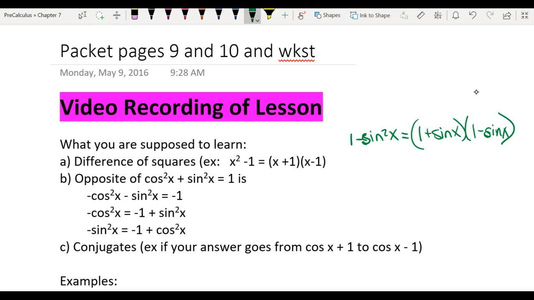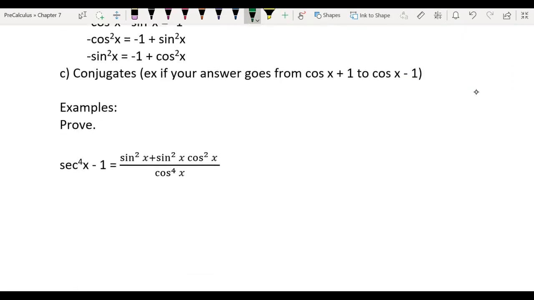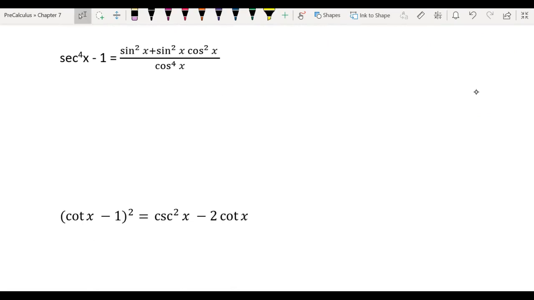Okay? So, for example, if you have secant to the 4th of x minus 1, we want to prove that it equals that very complex full right-hand side. Okay? So, your first step should always be what? Change to cosine.